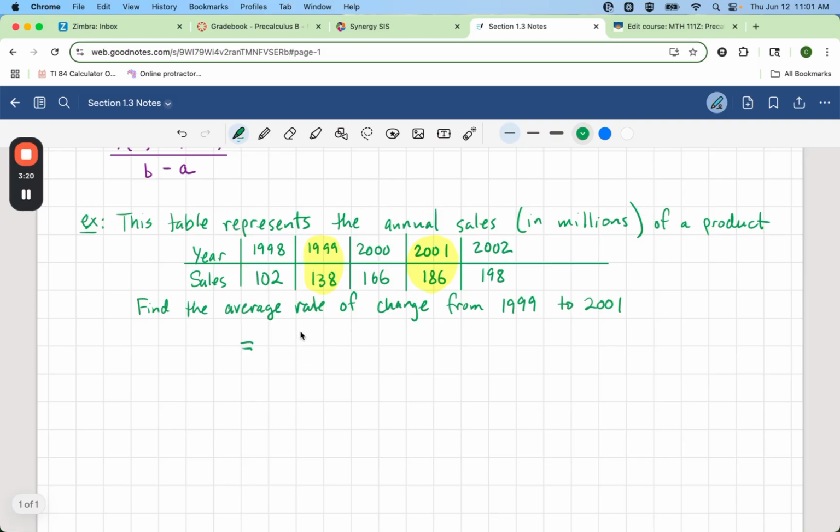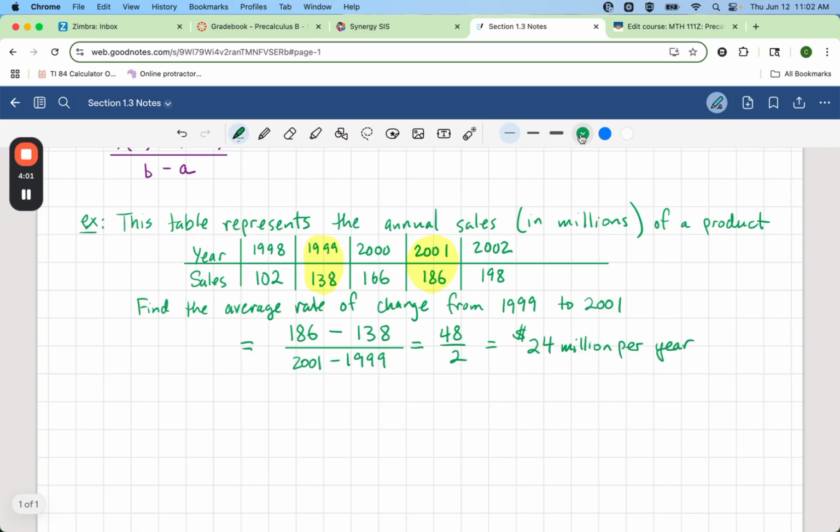So I do 186, the function value in 2001, minus 138, the function value in 1999, and then 2001 minus 1999 on the bottom. So we get 48 over 2. My average rate of change over those 2 years is $24 million per year. Remember, that amount is in millions. So 48 over 2 is 24, so it's 24 million. That's how to do an average rate of change if you're given a table.